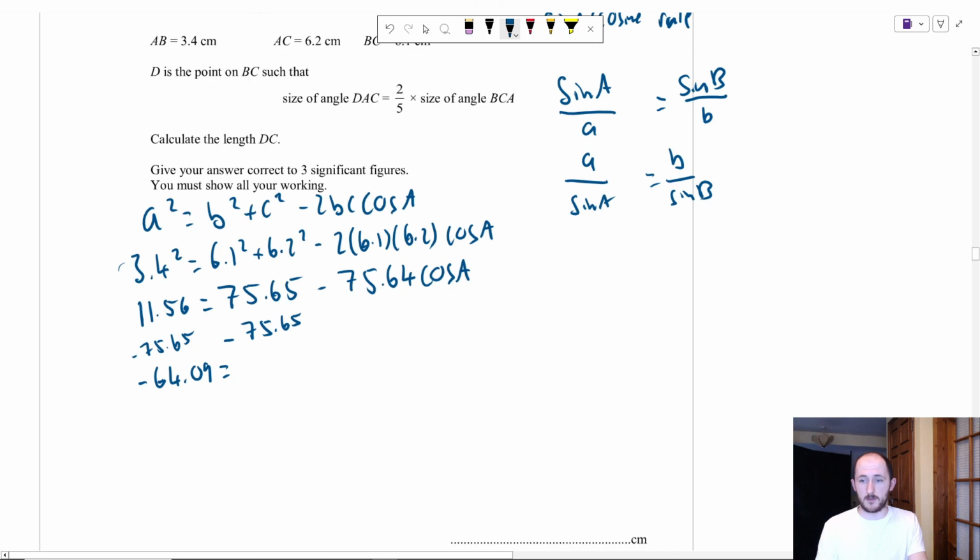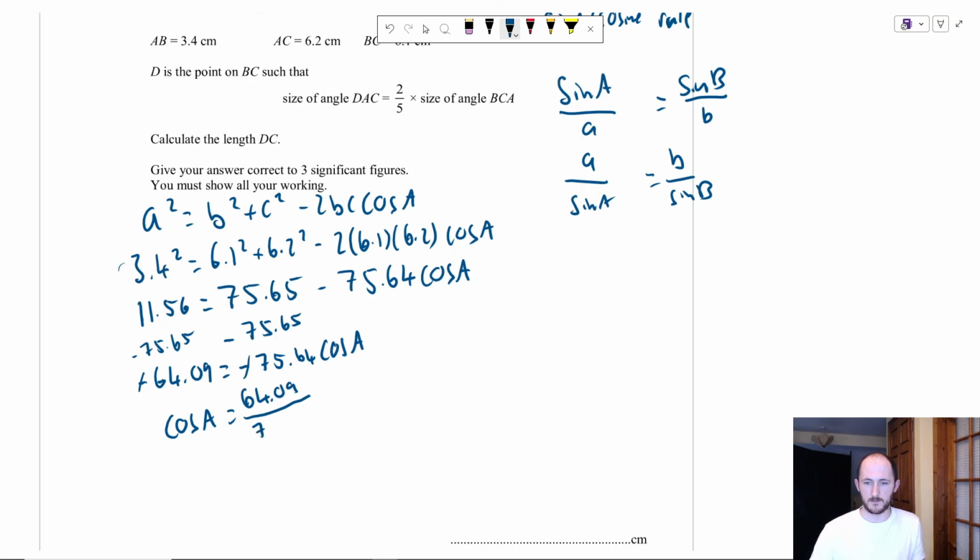Sorry, negative 64.09 equals minus 75. Okay, I messed that up. Alright, 5.64 cos A. So that means cos A is just equal to... Both minuses cancel out because there's a minus on both sides. It doesn't matter. And then I'll just work out what that angle is.